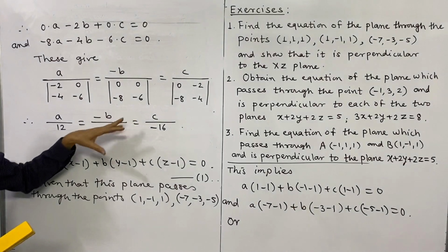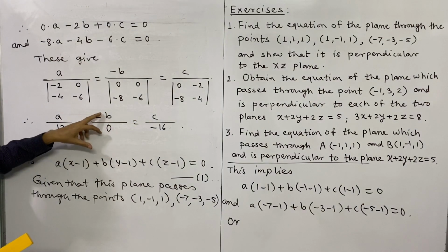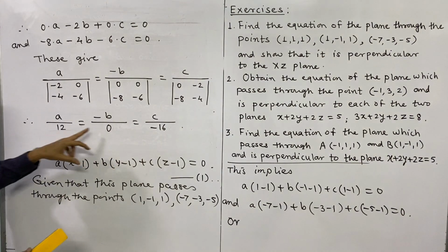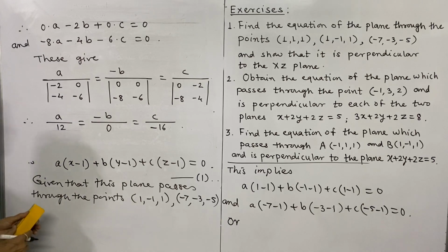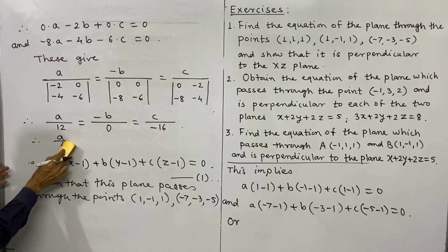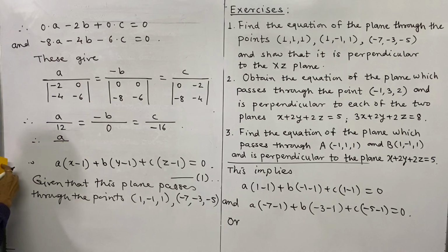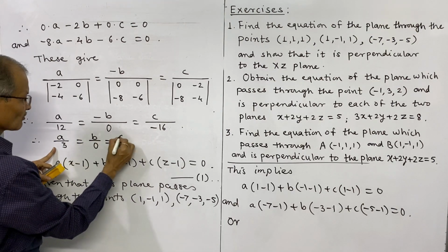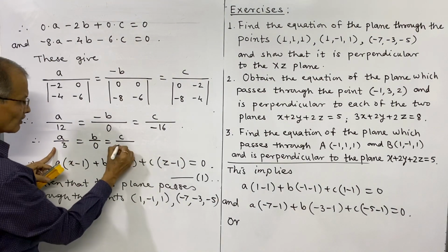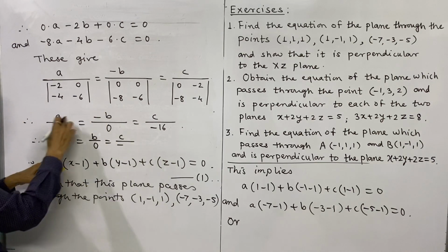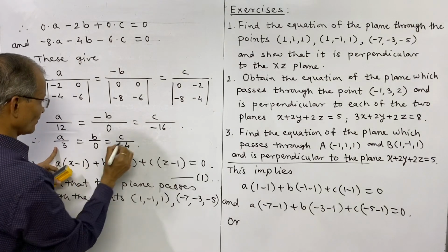Note, these are the ratios, proportions or fractions. So this gives b is equal to 0, and this can be divided by 4, 12 and -16, or that gives a divided by 4, dividing by 4, that gives 3, or yes, a divided by 3 is equal to b divided by 0 is equal to c divided by, we are dividing by 4, the denominators we are dividing by 4, or we may say we are multiplying the numerators by 4 and -4.